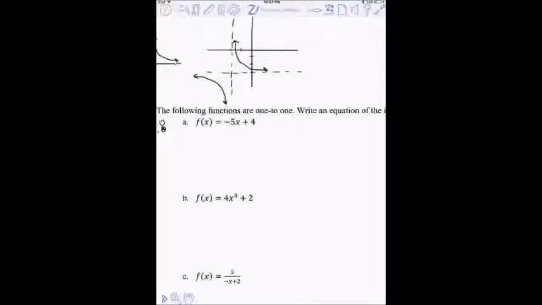So to find the equation of the inverse, remember you switch the place of x and y, and then solve for y. So remember the f of x is just y. So to switch their place, you can write x equals negative 5y plus 4, and then solve for y. Get y by itself.